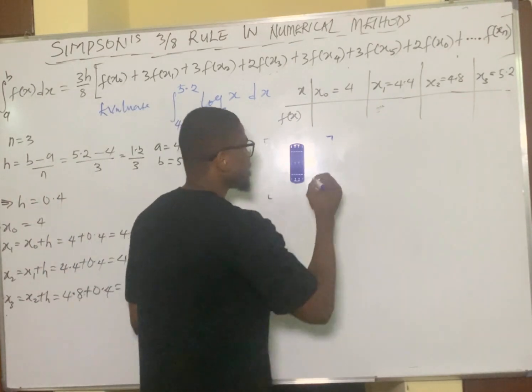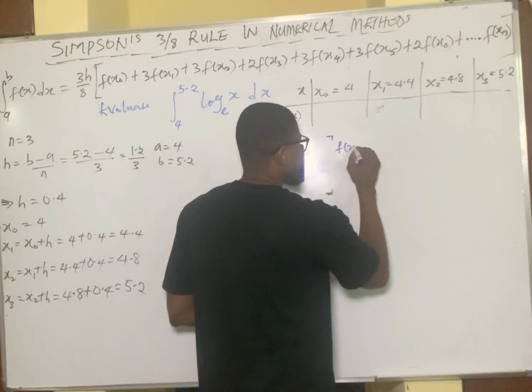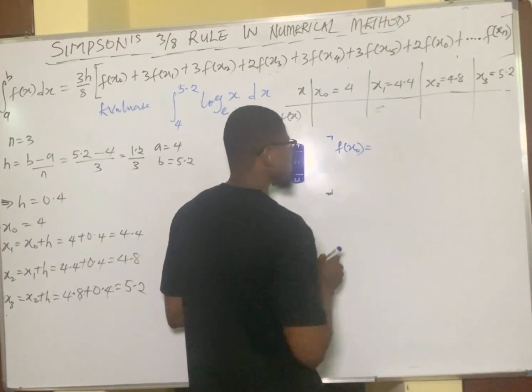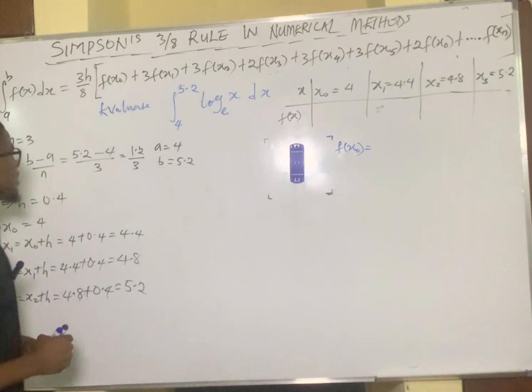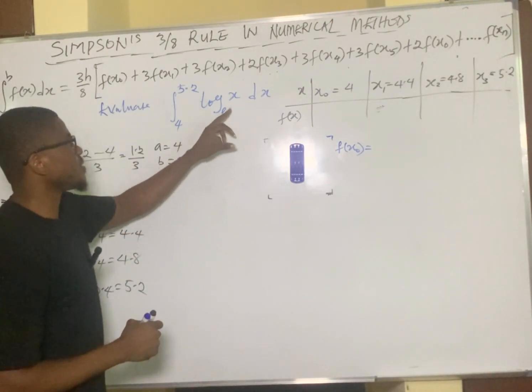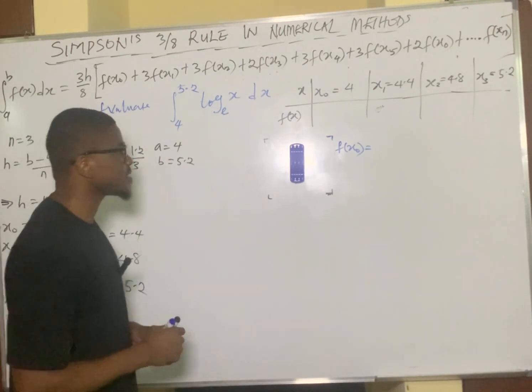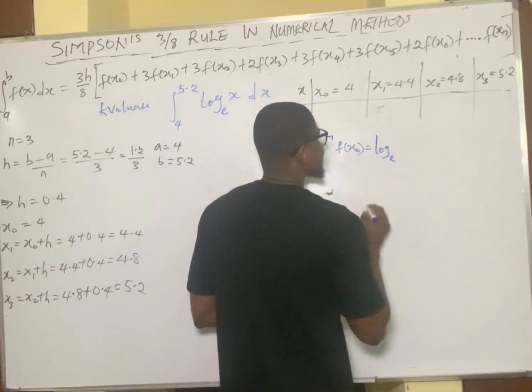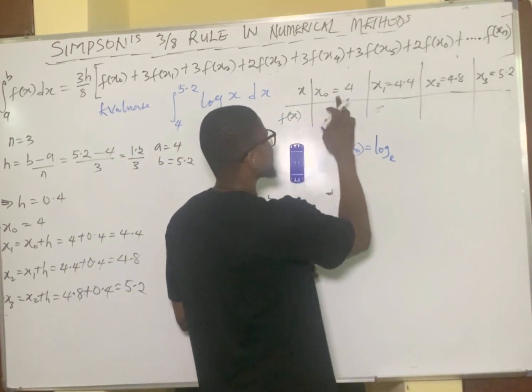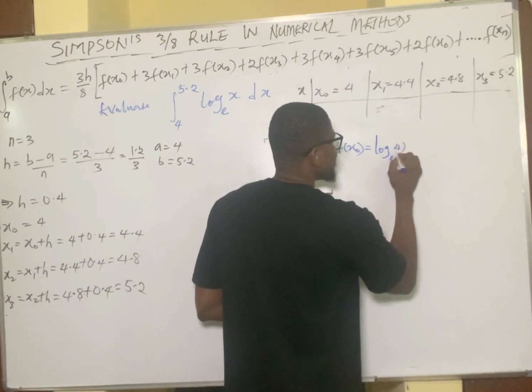So let's find f of x naught, which means the value of the function when x is x naught. The function itself, remember, is log to base e of x, which is natural logarithm. x now becomes x naught, and x naught is 4. So it means log to base e of 4.